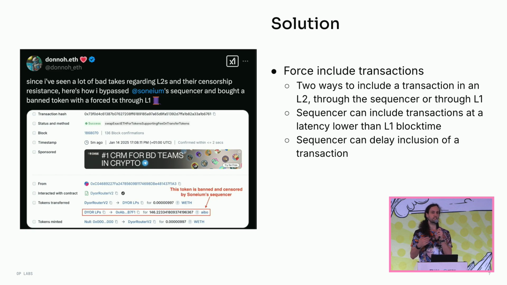So they did not want to include any transactions that would infringe on those rights. But it's possible for anybody to go through L1 through this force include transaction path and get their transaction included. And you can see the L2Beat team here actually did this in practice, and they were able to touch these tokens and trade them that the sequencer was not processing transactions for.